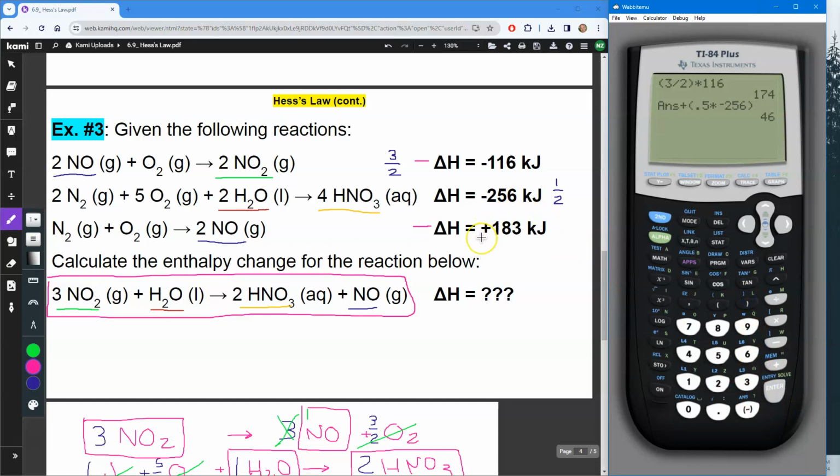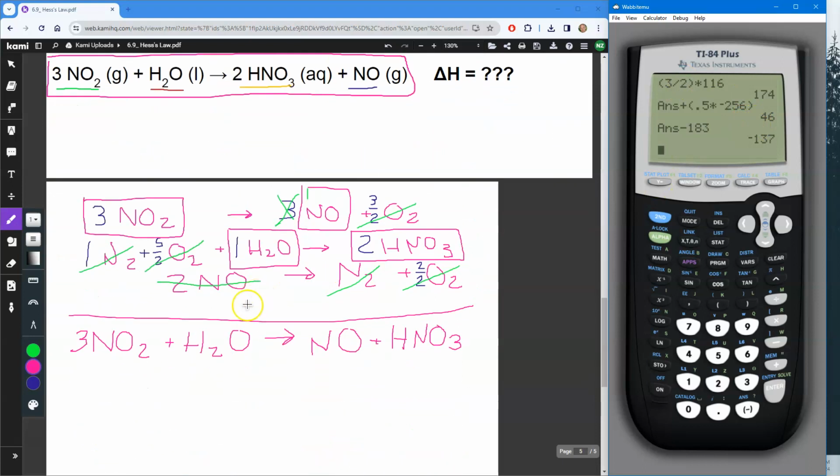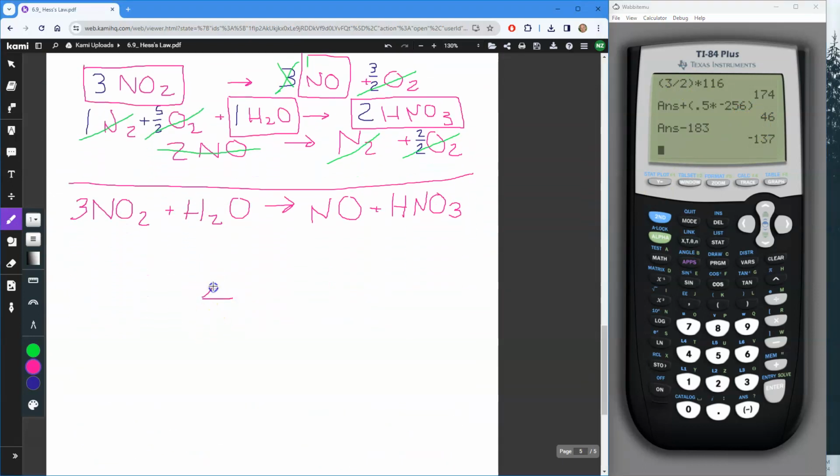Okay, and then the last one we want to switch the sign. So instead of adding 183, let's subtract 183. And we get an answer of negative 137. So our delta H here would be negative 137 kilojoules.